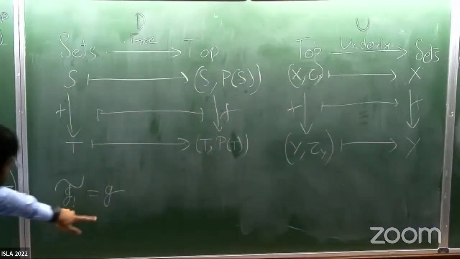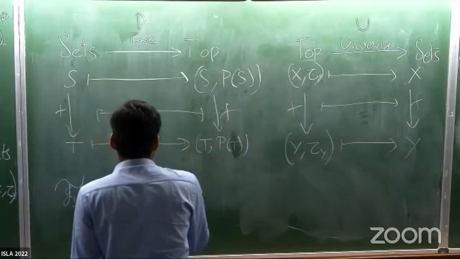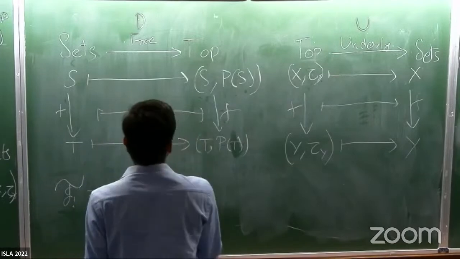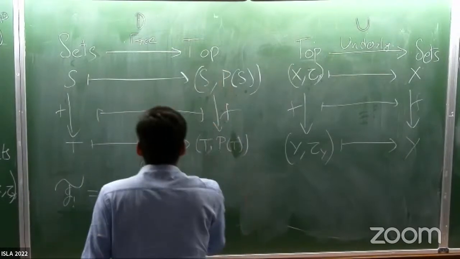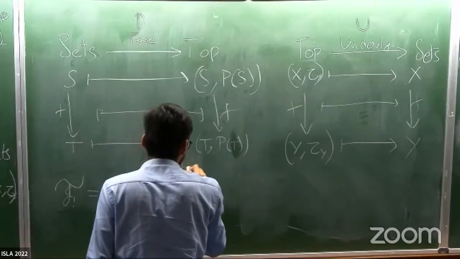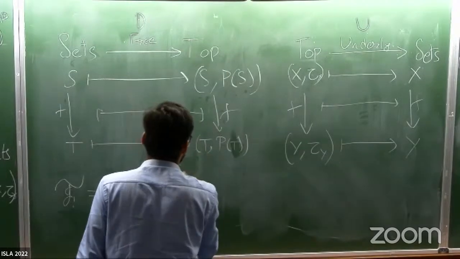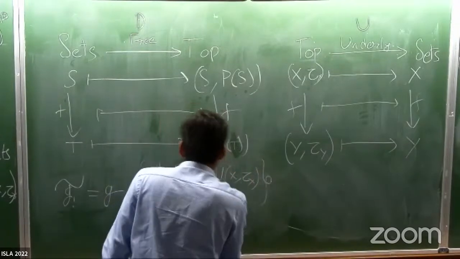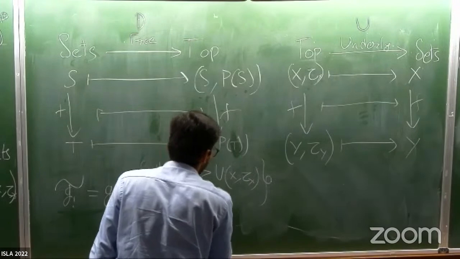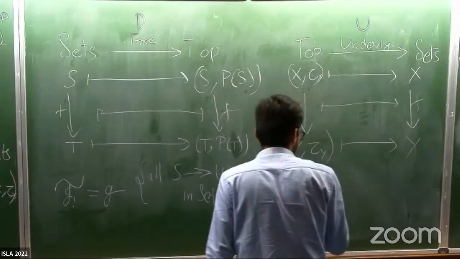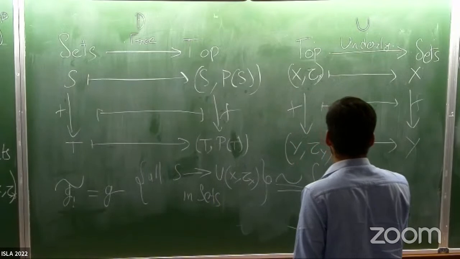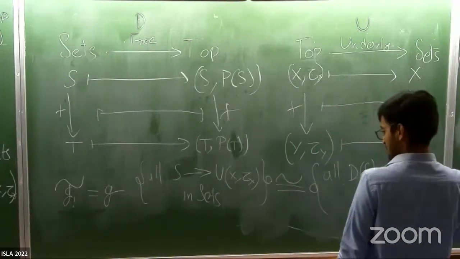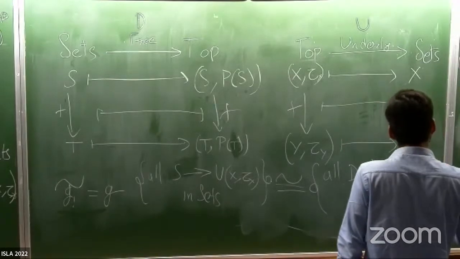In fact, this tells you the following: that all set maps, all functions of this form S to (UX, tau X) in Sets, are in bijection with all maps DS to (X, tau X) in Top.